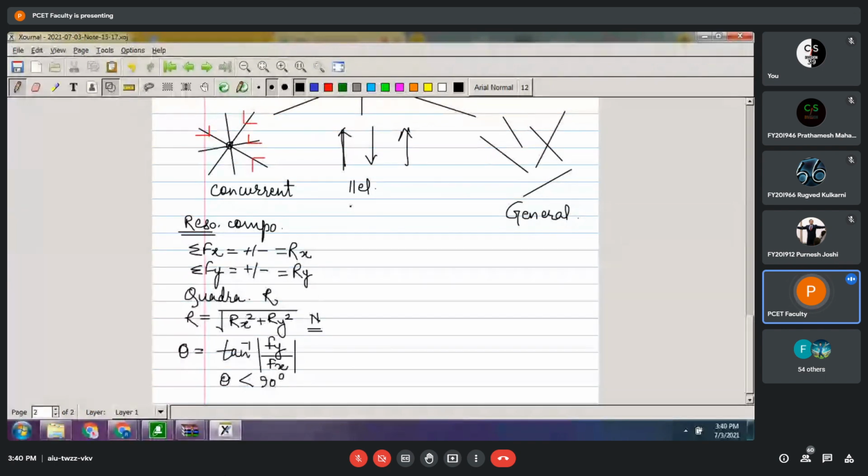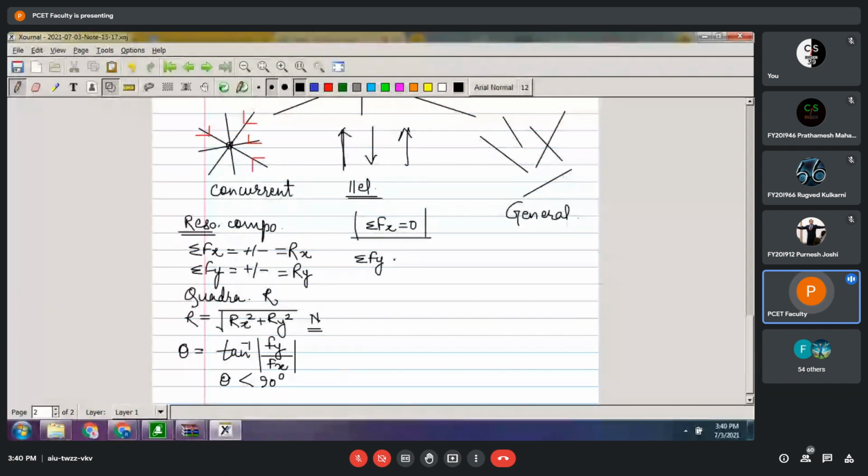In the second force system, we can skip any one equation. If the forces are along the y direction, I can directly say that summation fx will be equal to 0. I need not apply this equation even. I will go with my second equation, that is summation fy.